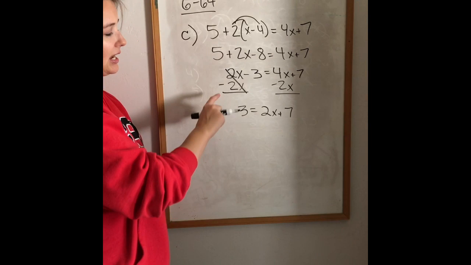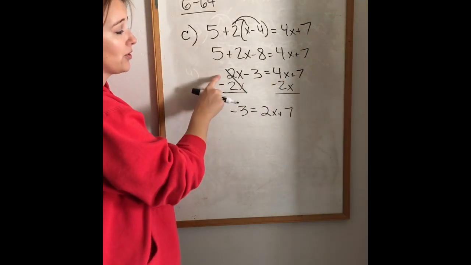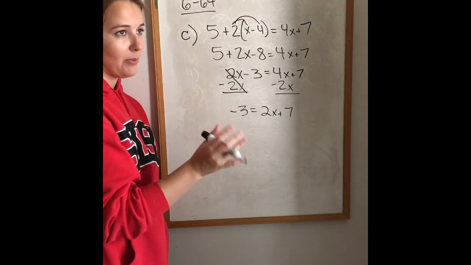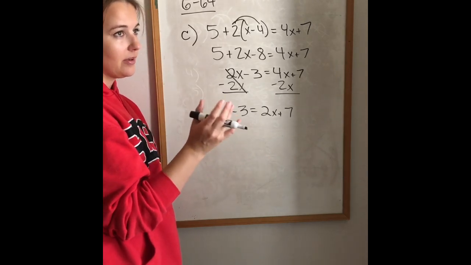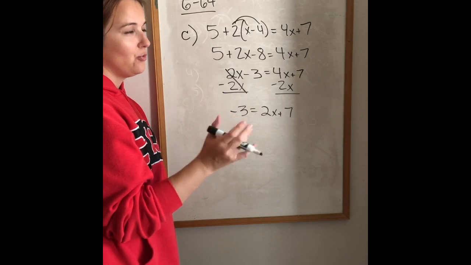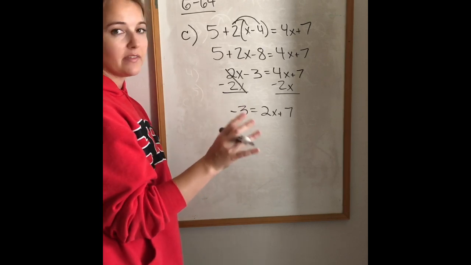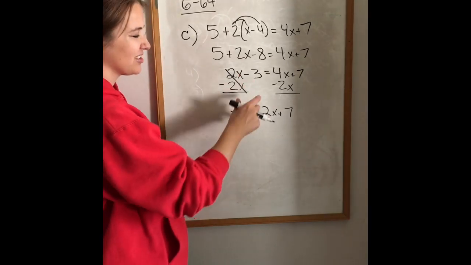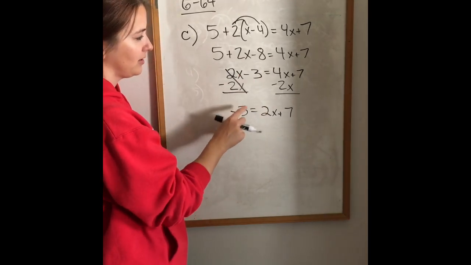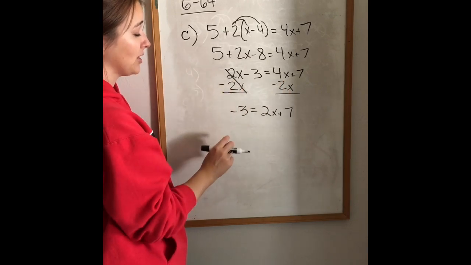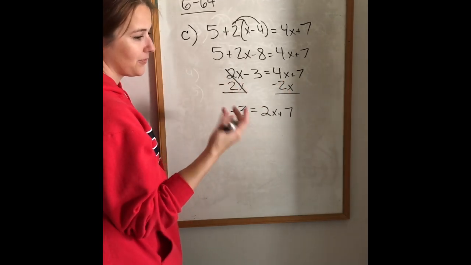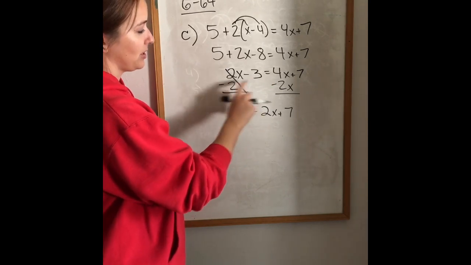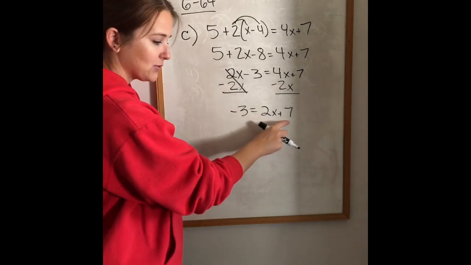Now the reason I didn't bring this 4x over is that I want x to be positive because you can, but you want x at the very end to be a positive x. You don't want x to be negative. So you could do it either way. You could bring the 4 over here if you wanted to, but just for my brain, I like to do it this way. So I subtracted 2 from here, 2 from here. This is what I'm left with.